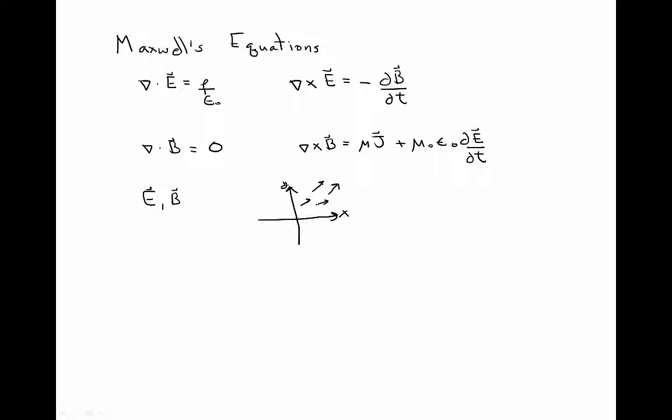So you have vectors at every point representing wind speed. We do the same thing with electric and magnetic fields. We have an arrow to represent the electric field or the magnetic field at each point in space. That's what a vector field is.